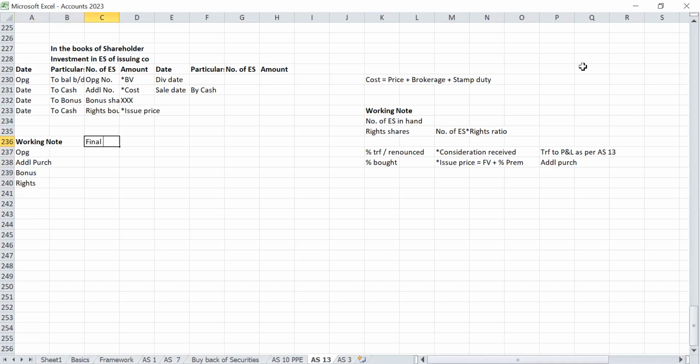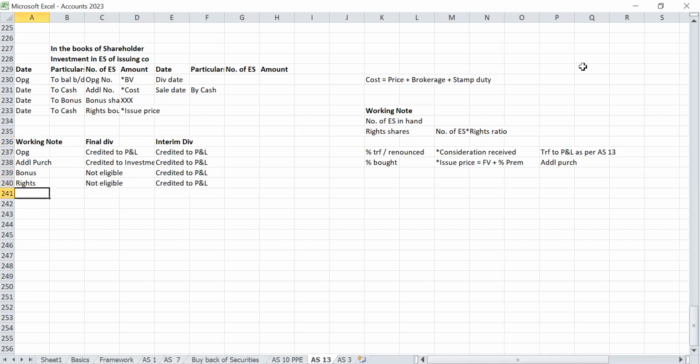For final dividend, opening balance will be credited to P&L account. Additional purchase credited to investment account. Bonus and right shares are not eligible for dividends, sir. Super. If it is interim dividend, all the shares will be credited to P&L account.